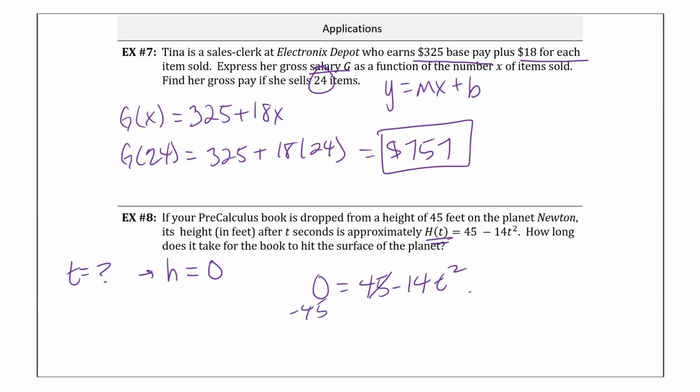I'm left with negative 45 equals negative 14t squared. Divide by negative 14. What do we get? I'm just going to leave it as 45/14.